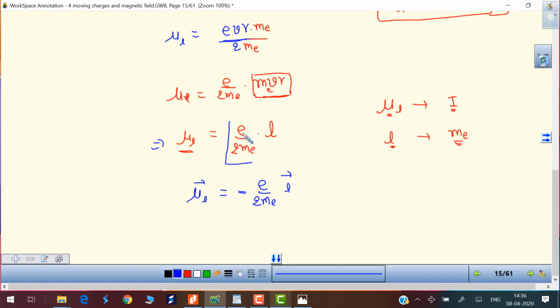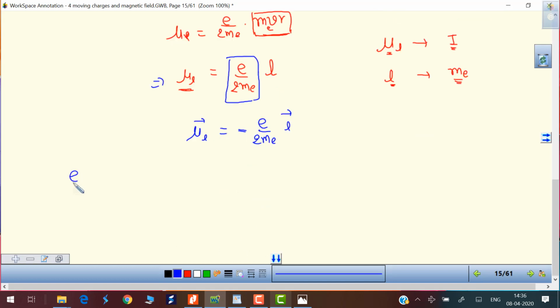This quantity, e upon 2me, is called the gyromagnetic ratio.